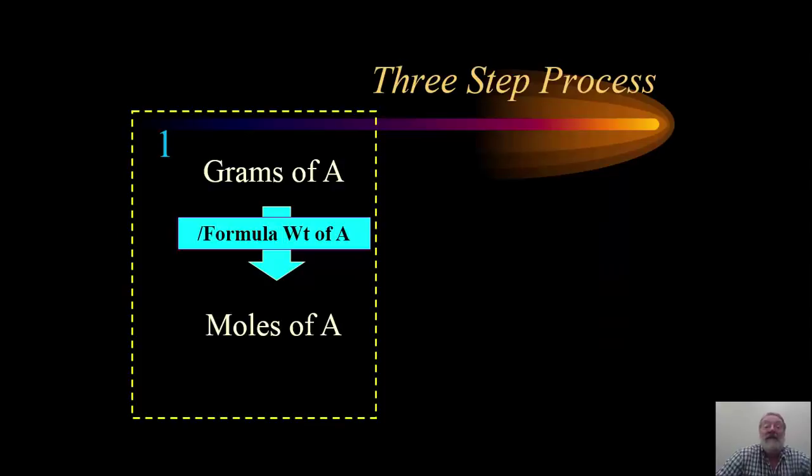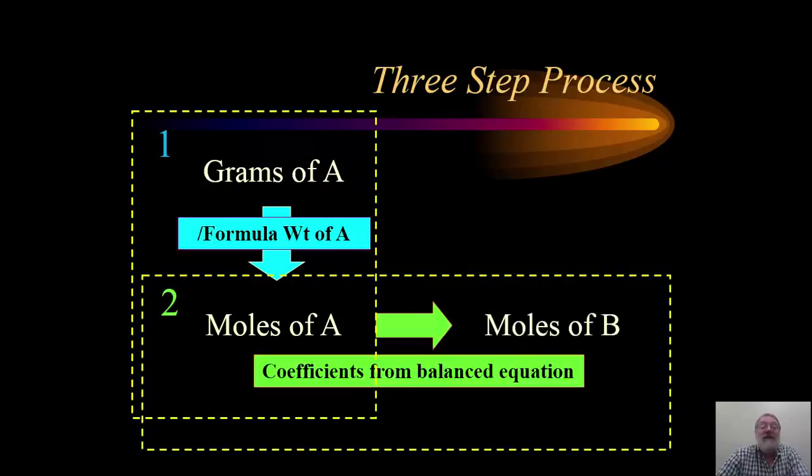So I describe the stoichiometry calculation as a three-step process. We have to go from grams to moles because chemical reactions are written in moles. That's what the recipes are in. Once we know what the recipe is, we can relate how much of one ingredient it takes to make so many moles of a product, or how many moles of another ingredient it will react with.